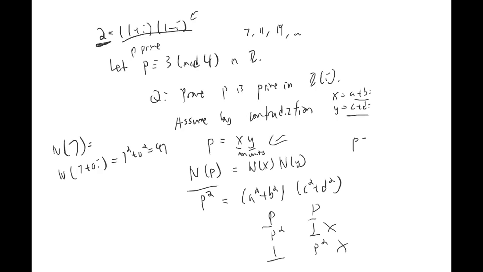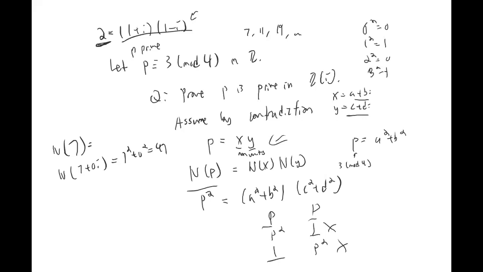Now p is equal to a squared plus b squared. Is this possible if p is 3 mod 4? Let's consider it. All the squares mod 4: 0 squared is 0, 1 squared is 1, 2 squared is 0, 3 squared is 1.